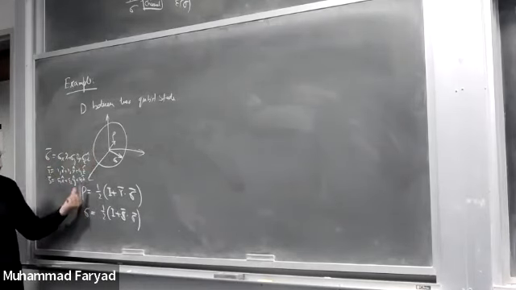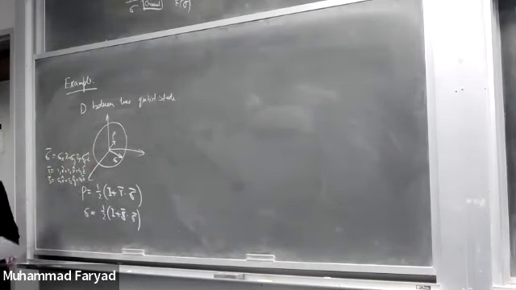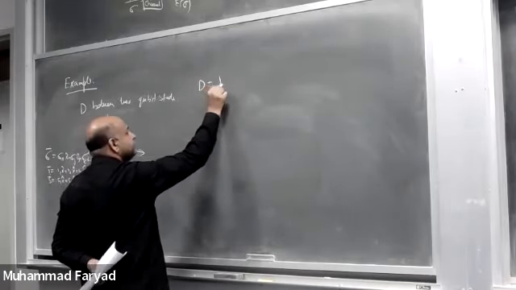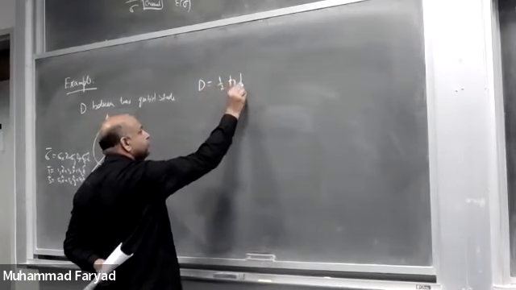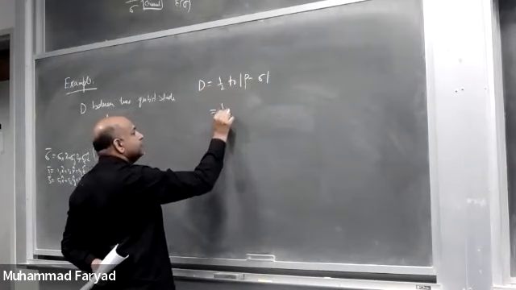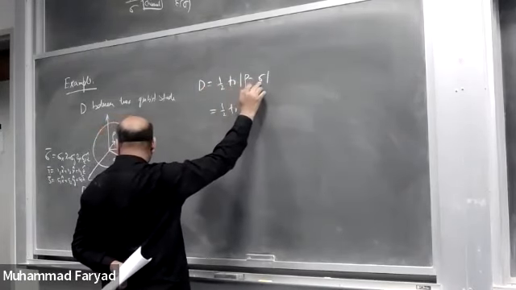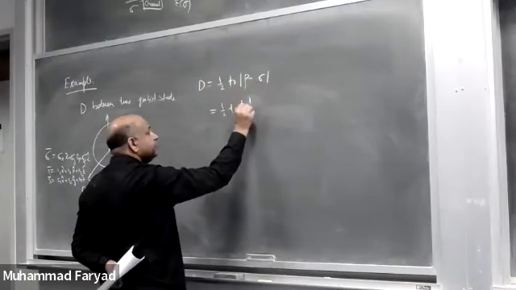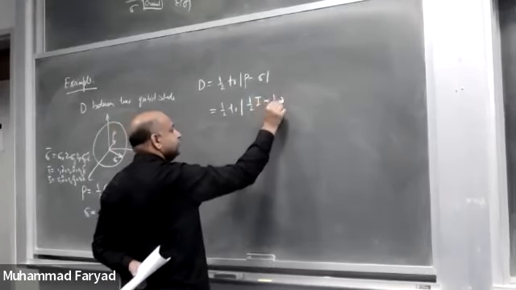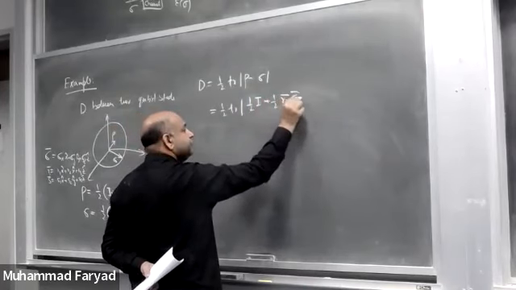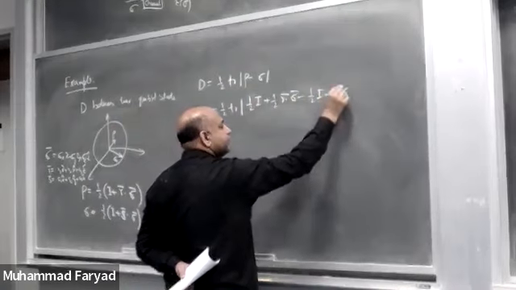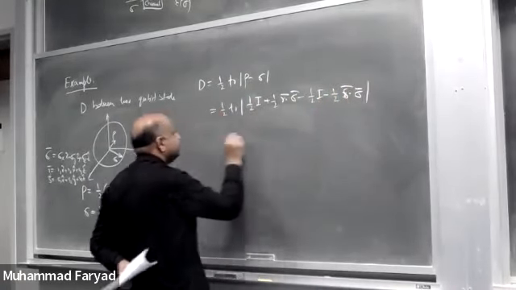We want to find the distance between these two states. So we have this expression, half trace of rho minus sigma. So we put the expression for rho and sigma. So this will be half identity plus half R dot sigma minus half identity minus half S dot sigma.